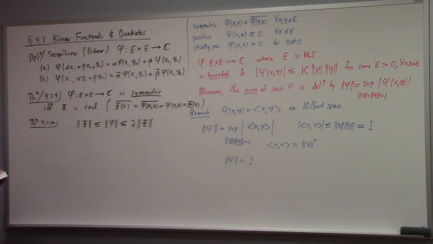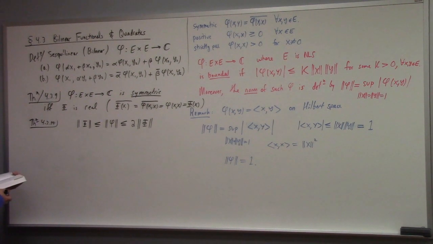which is less than or equal to twice the norm of the quadratic form. So yay. And again, when you look at the proof of these things, it's the polarization identity paired with the triangle inequality. And then theorem 4.3.11: phi a bilinear functional on normed space E, let big phi be the associated quadratic form.